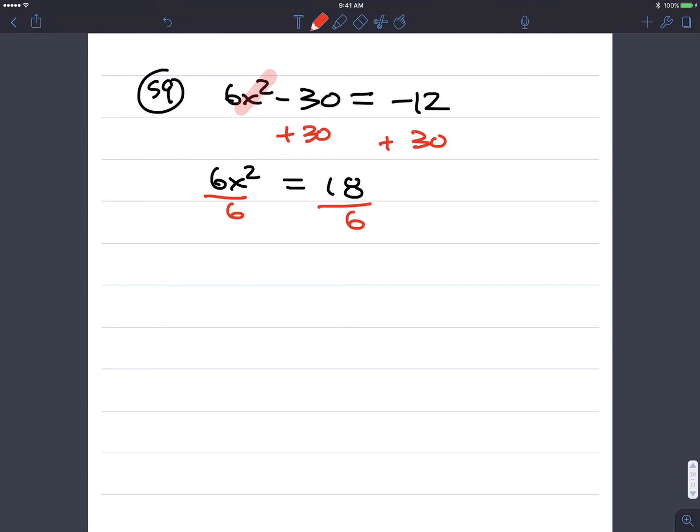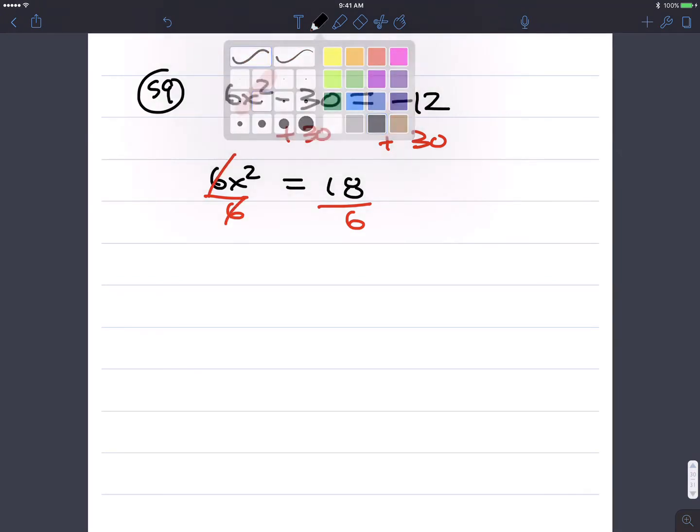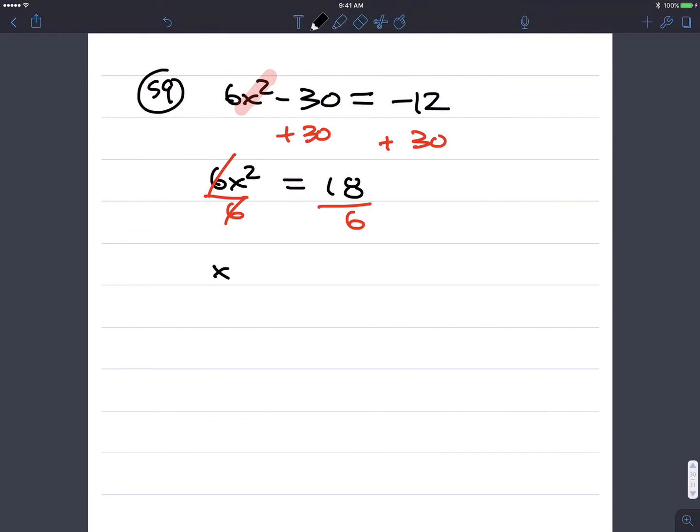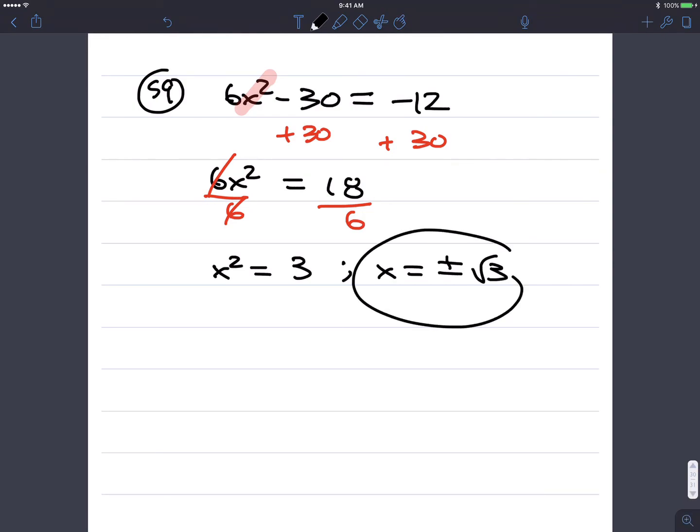We're now going to divide both sides by 6, so I have cancellation on the left here, and that gives us x squared equals 3, because 18 divided by 6 is 3. X will be plus or minus the square root of 3. Two solutions, square root of 3 and minus square root of 3, and you're done.